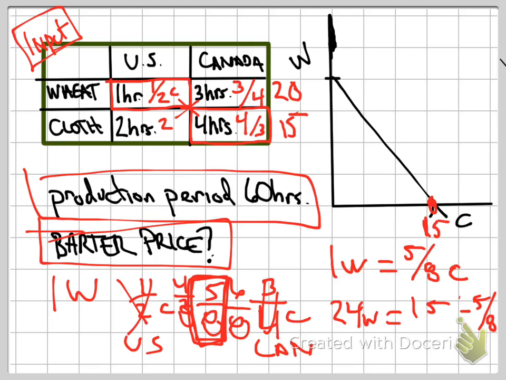So we have effectively created a new consumption possibilities frontier, somewhere along this line, at a potential 24 units of wheat and 15 units of cloth that Canada has the potential of consuming now that it's trading with the United States.